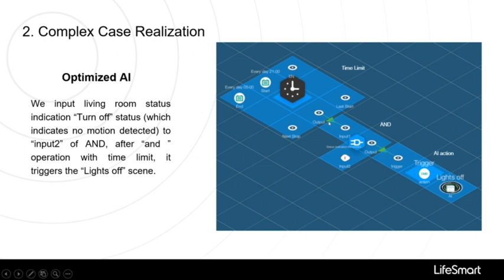This goes to input 1 of the AND operator. For input 2 of the AND operator, we use the off status of status indicator 1, which refers to no one in the living room. If these two conditions are met at the same time, it will trigger the AI action block to trigger the lights off scene.